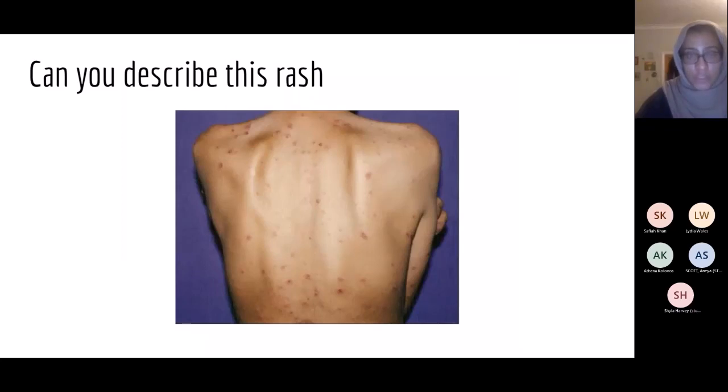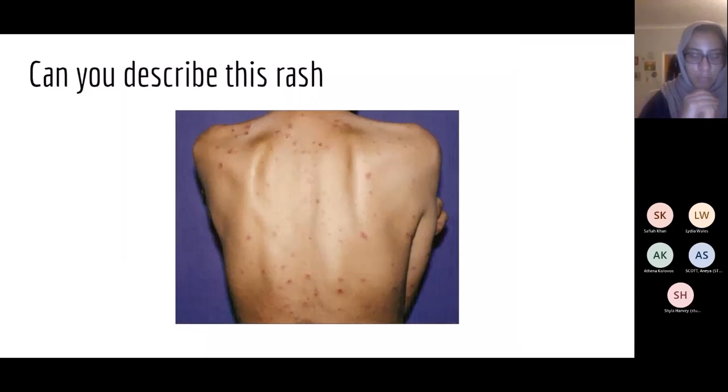Having said that, I thought it'd be good if we could go through describing some rashes. I'm going to give you guys 30 to 45 seconds to describe this rash. Maybe if you have a piece of paper, you can note down how you think you would describe this rash. Say if I was an examiner, or if you were trying to refer a patient over to me and I asked you, what are you looking at? Think about how you would describe it.